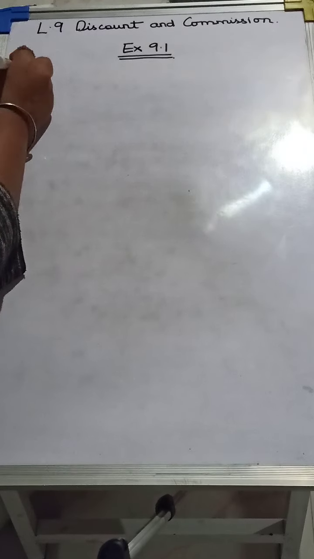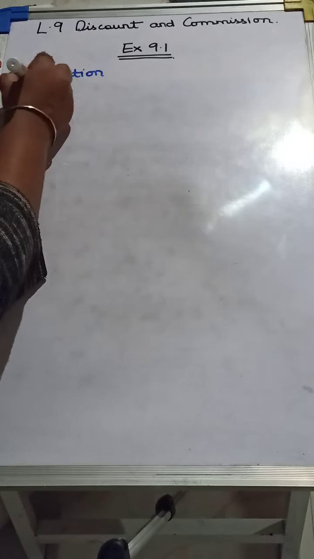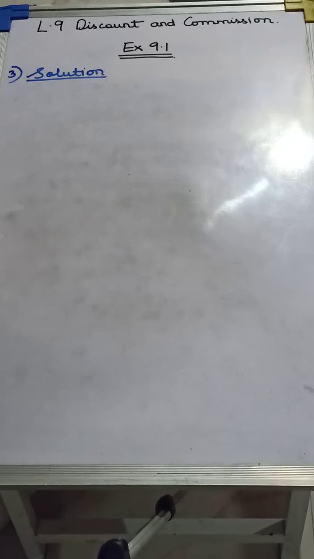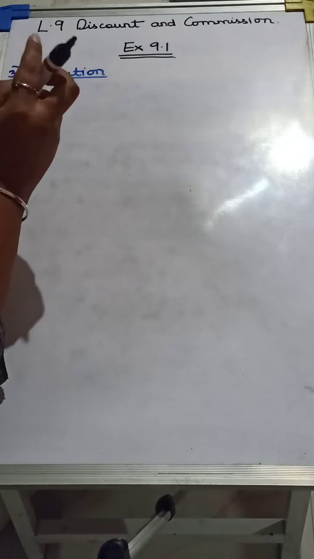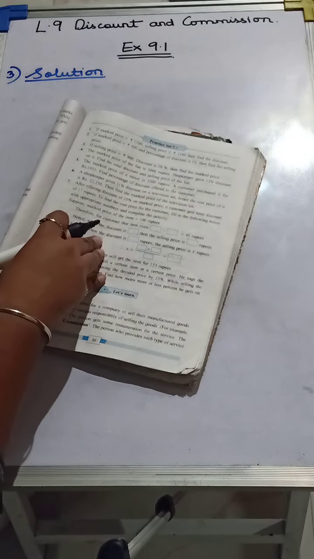Now we are going to take the third sum. First thing what we do is a solution, what is given, what we are supposed to find, and then we write the solving part of it. Okay.